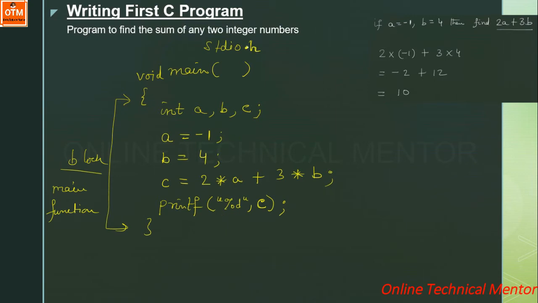So this header file should be enclosed within angular brackets, that is less than and greater than, and it must be included in our program. This include is nothing but a keyword, and just write a hash in front of this include. This hash represents that stdio.h is pre-processed. That means it is error free and it is pre-compiled.